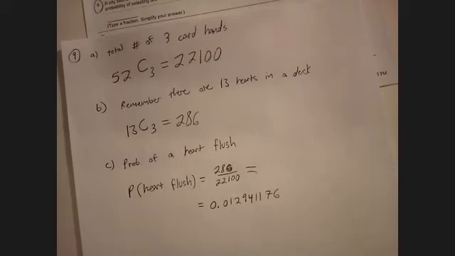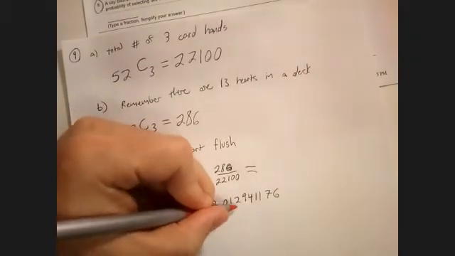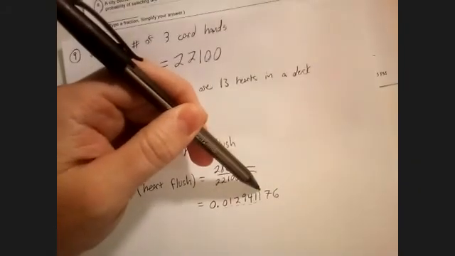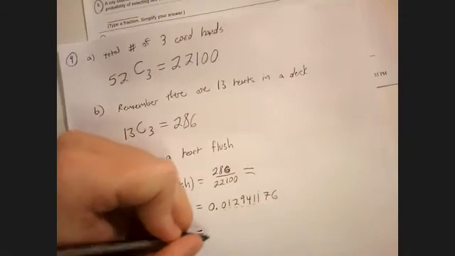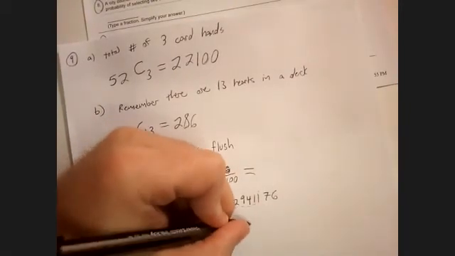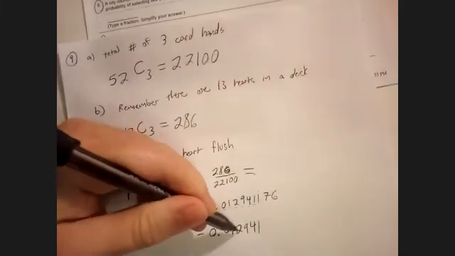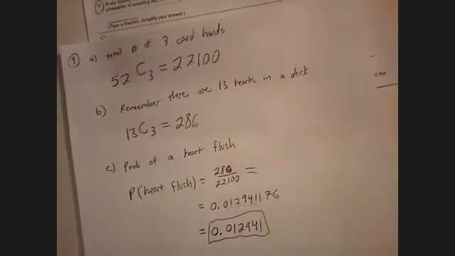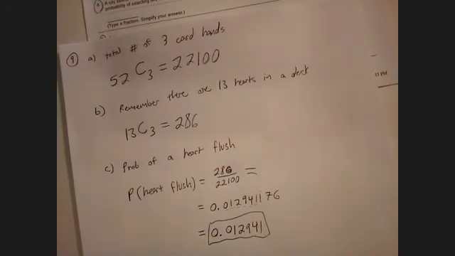They want us to round to 6 decimal places: 1, 2, 3, 4, 5, 6. Since this number here is less than 5, my final answer will just be that. So that is number 9.